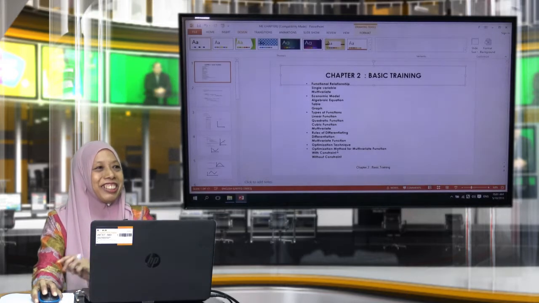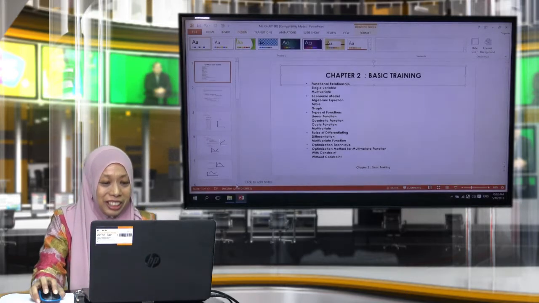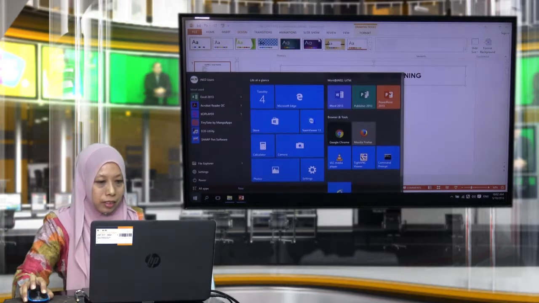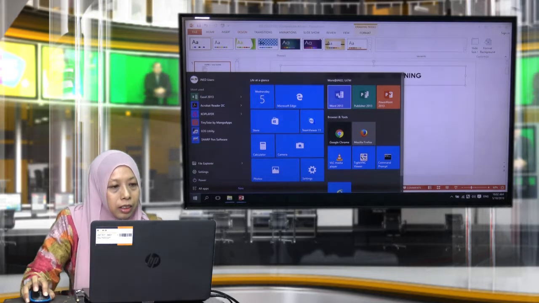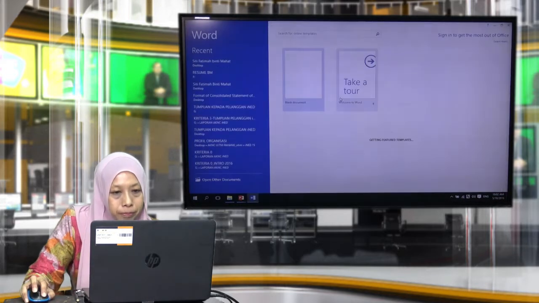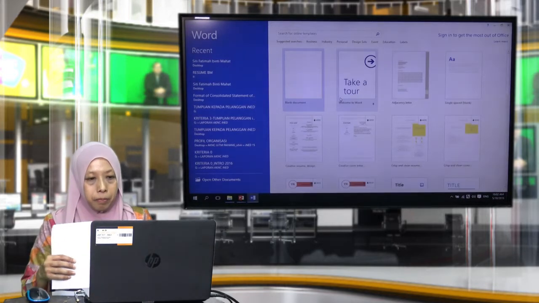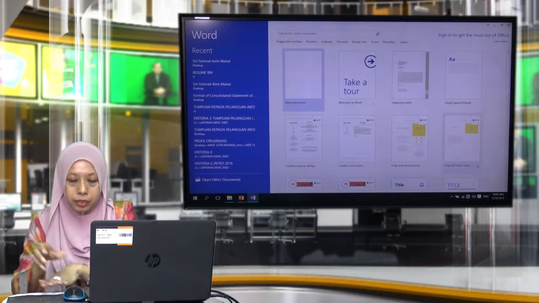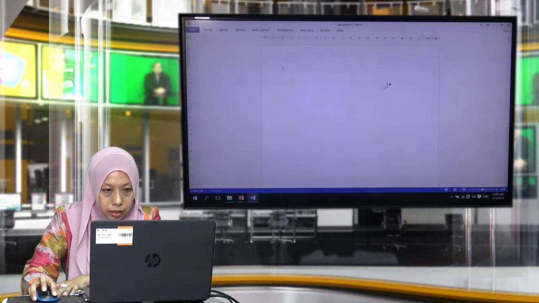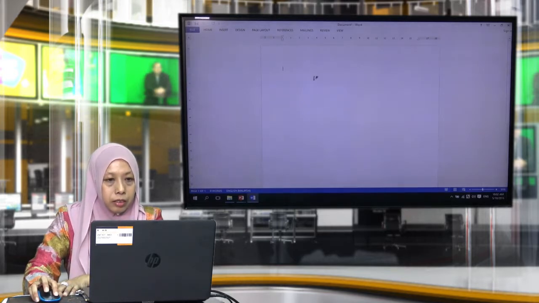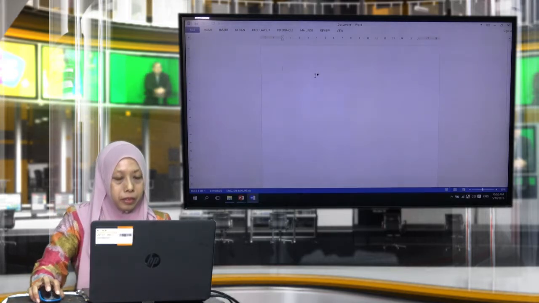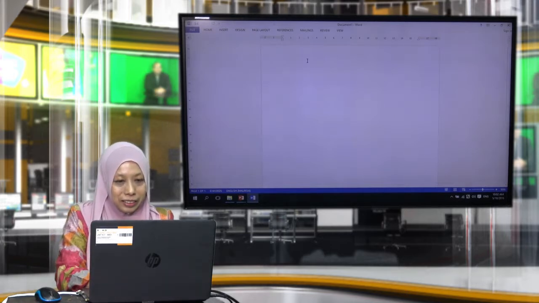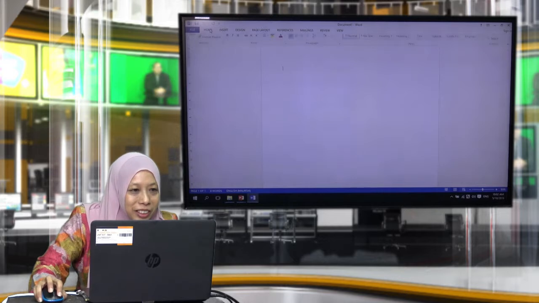Kita nak stop sekejap sebab yang ni saya kena masuk dalam words kot. Berarti boleh buat kan? Sekejap ya. So ni.